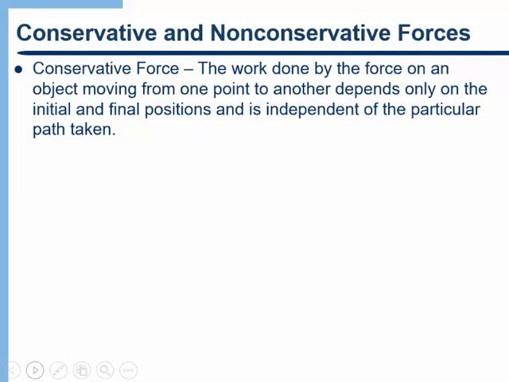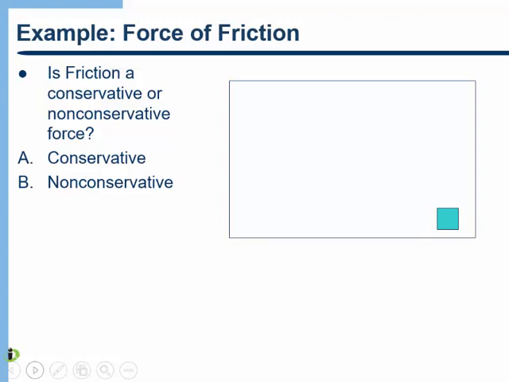In order to help us through this, I want to look at two forces that we already know about. Let's start by looking at the force of friction. Now, if friction is a conservative force, what it means is the work done by that force doesn't depend on the path taken. So let's look at an example. Here's a top view of our classroom, and here we have a heavy box sitting on the floor.